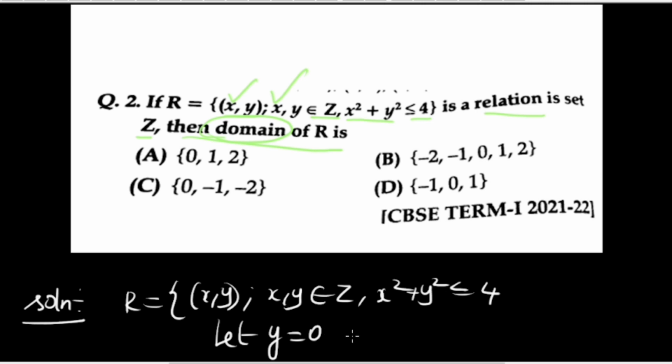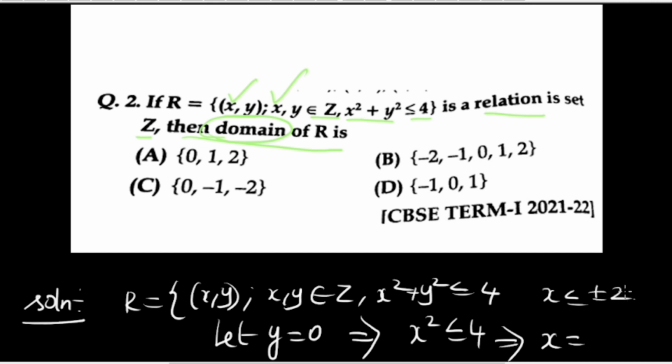So y becomes 0, which implies x squared is less than or equal to 4. Taking the square root on both sides, we get x equals plus or minus 2.